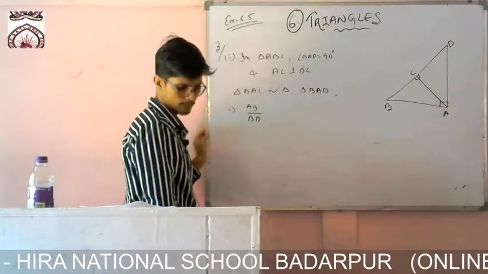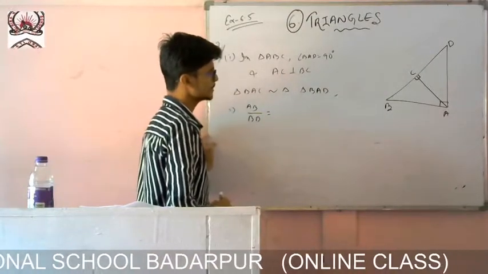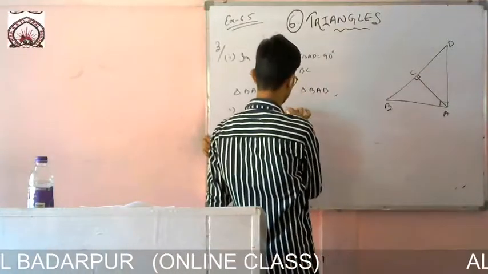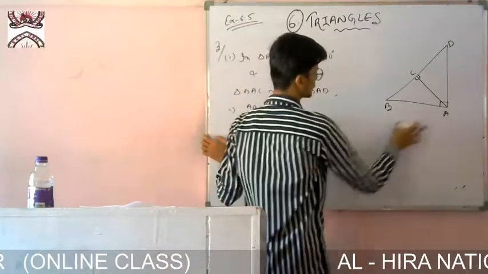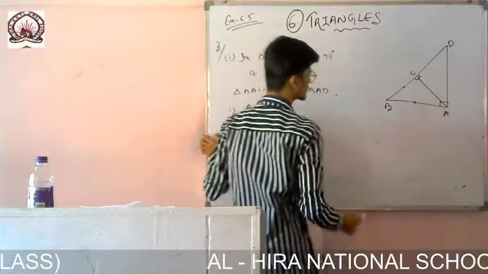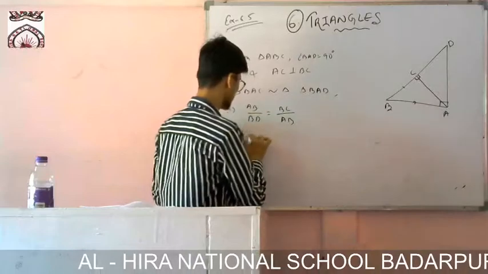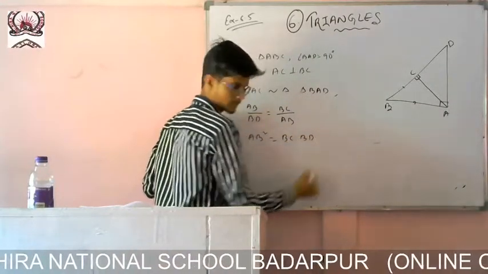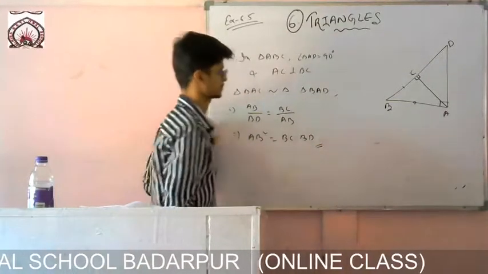So AB by BD will be equal to BC by AB, since BC is the base for this triangle and AB is the base for that triangle. So AB into AB, AB square equals BC into BD. I think this is what you have to prove. Yes, BC into BD, finished.